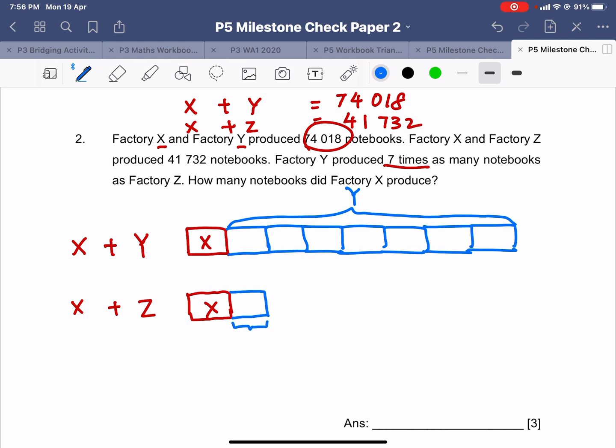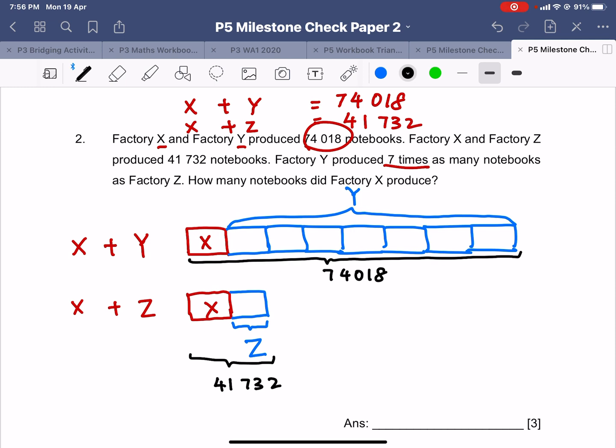Instead of the 7 times, this factory only got 1 time. Now you can see very clearly, this total is 74018, whereas this total is only 41732.